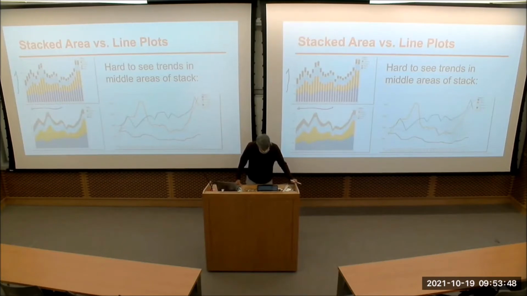Here it's going to be quantities of gun sales. And the claim is that guns fall into a couple of different categories. They can be rifles, pistols, shotguns, revolvers, or other. So what does the stacked area plot do? It shows as a function of time how much of each category is sold.